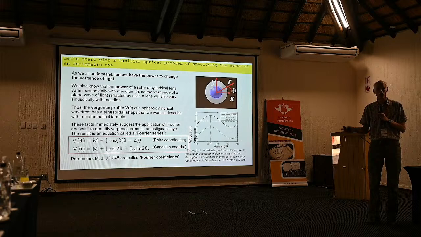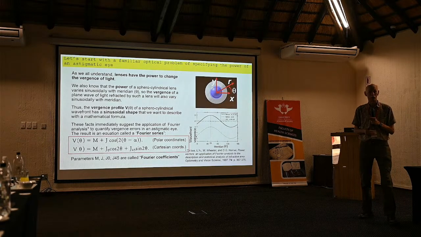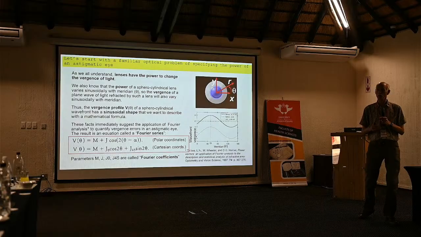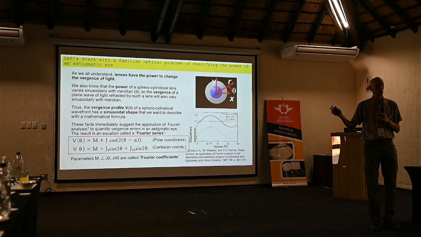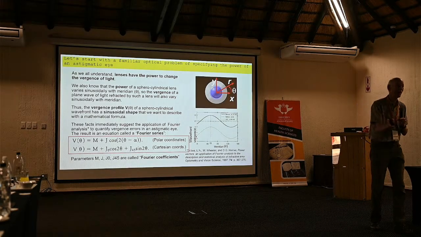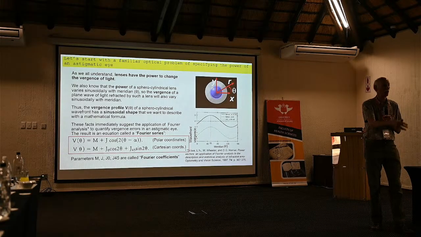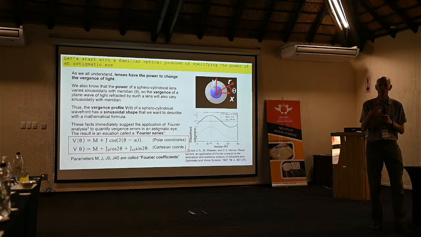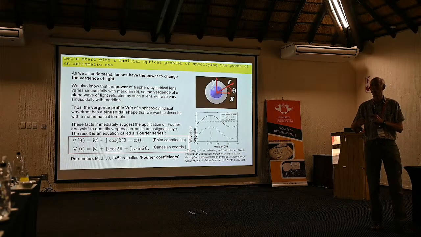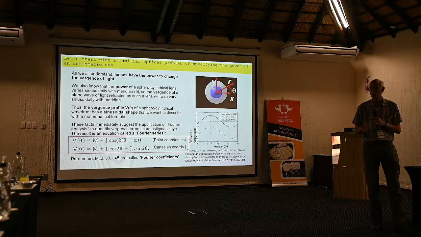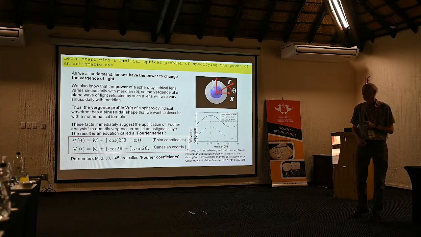Vergence is a property of the light. Power is a property of the lens. But they can be numerically equal. If a lens is impaled by a plane wave of light with zero vergence, then what comes out is a wavefront that has vergence equal to the power of the lens. It just inherits that power.